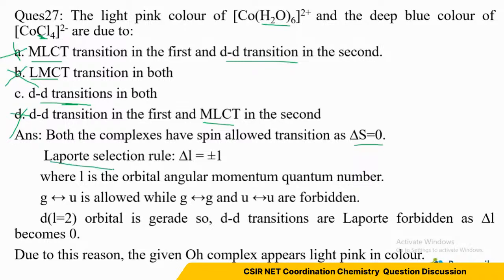Now, this is important. Laporte selection rule: delta L is plus minus 1, where L is the orbital angular momentum quantum number, right? So g and u, what is this g? Now supposedly if you talk about, I'll show it.